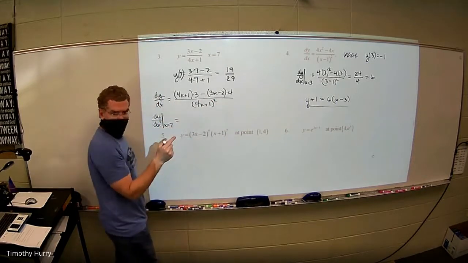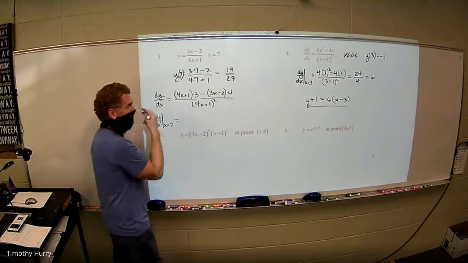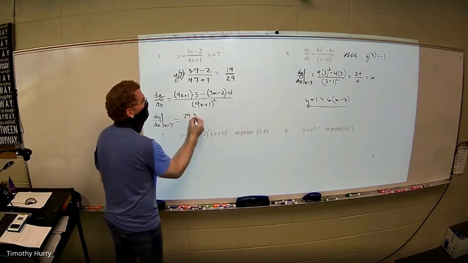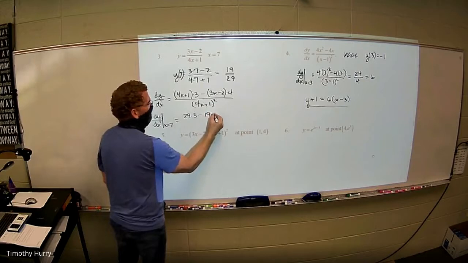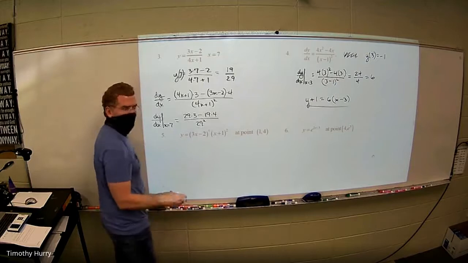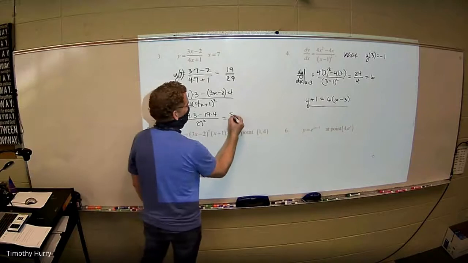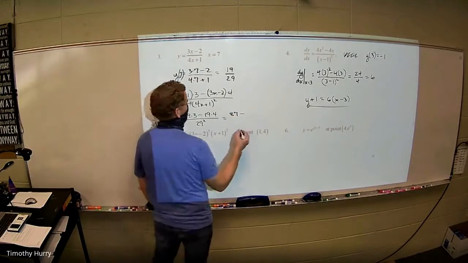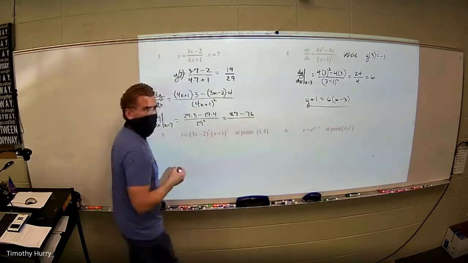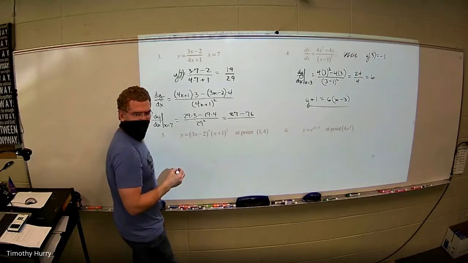I'm going to do a lot of this math in my head because AP really only is going to give you credit for your answer, showing what you're doing, putting the value down. So if I plug a 7 in there, 29 times 3 minus 19 times 4 over 29 squared. That's annoying, and I try not to do that to you on a test much. That gives me 87 minus 76 over a big number squared, 841.